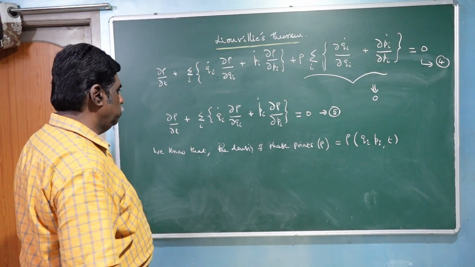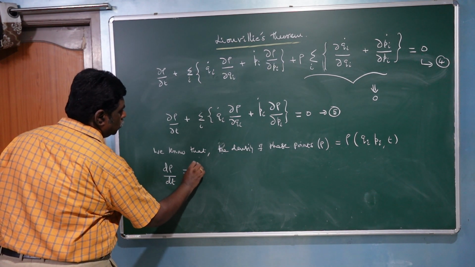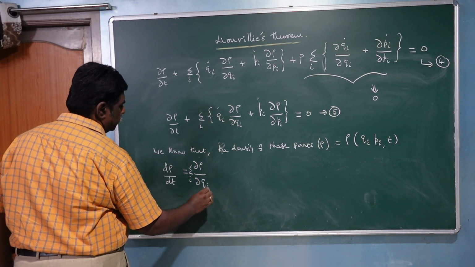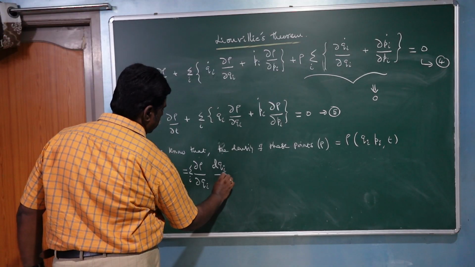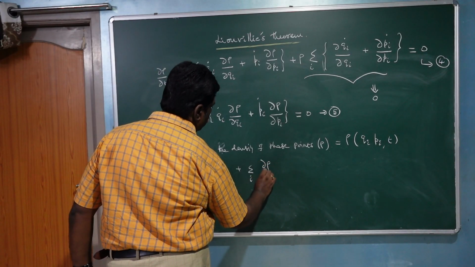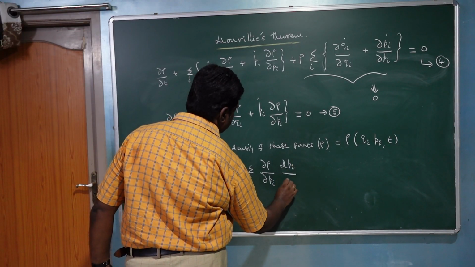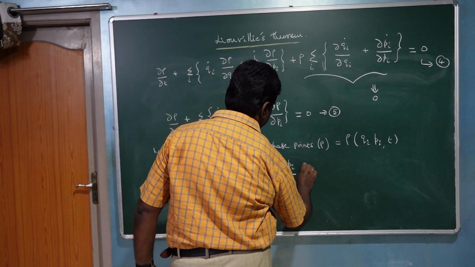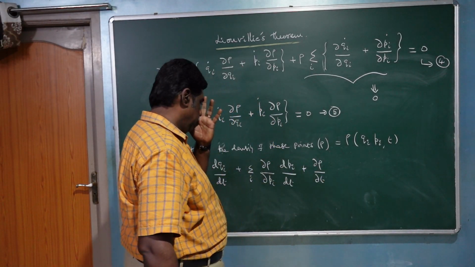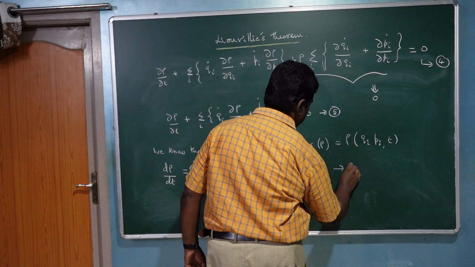Now we have to differentiate this with respect to time. d rho by dt is equal to summation over i of dou rho divided by dou qi into dqi by dt plus summation over i of dou rho divided by dou pi into dpi by dt plus dou rho by dou t into dt by dt, that is 1. Say this is equation number 6.